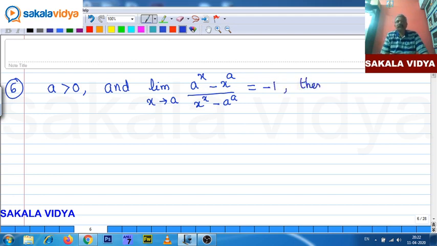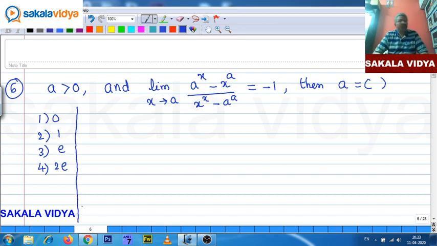Then a equals? The first option is 0, second option is 1, third option is e, fourth option is 2e. This is the question.